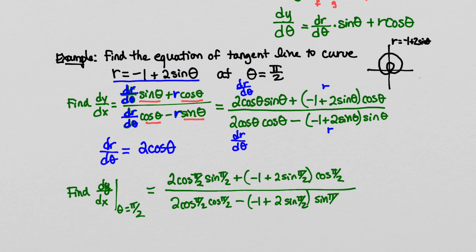But yeah, a lot of these go to 0, don't they? Because the cosine of pi over 2 is 0, so a lot of these are going to go to 0. And the sine of pi over 2 is just 1.